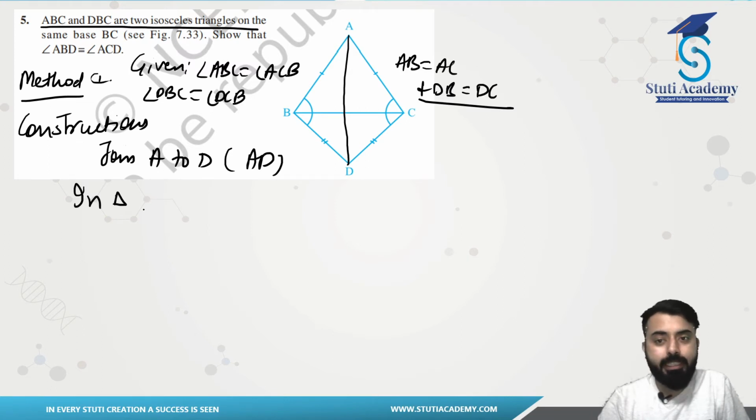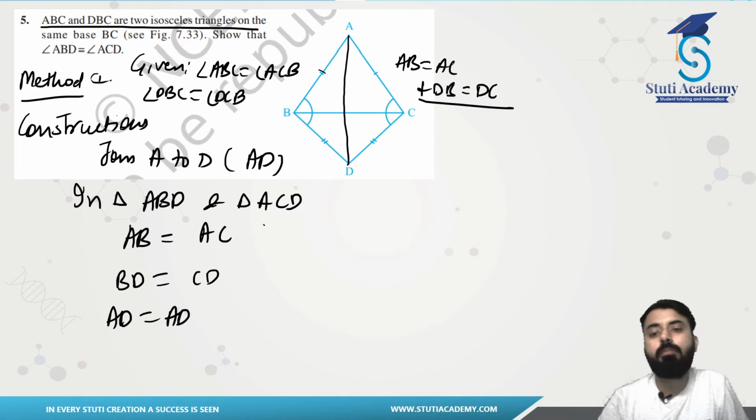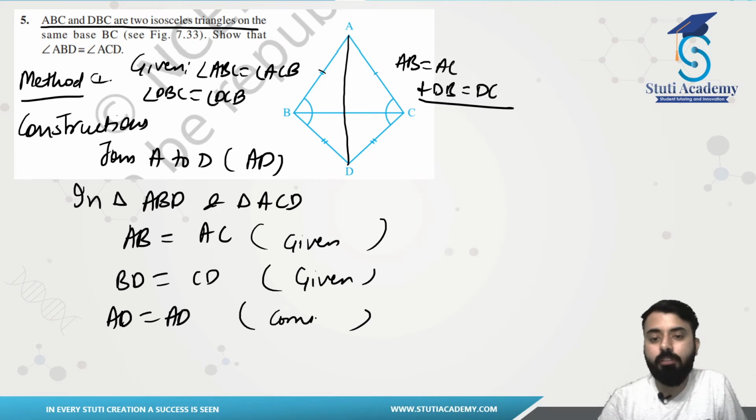So in triangle ABD, you have what? Let's write it completely. In triangle ABD and triangle ACD, I can see AB is the same as AC. I can see BD same as CD, and I can see AD which is same as AD, because this is given, this is given, this is common.